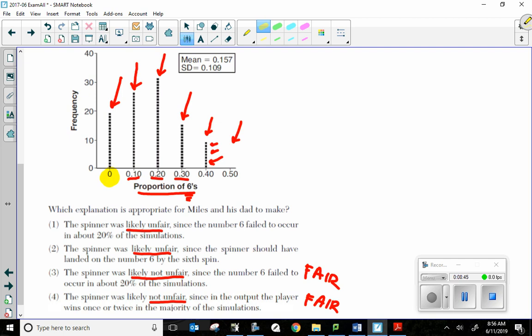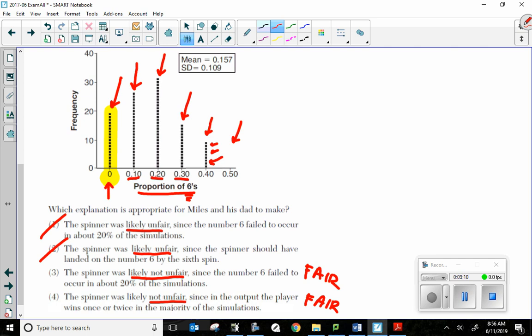So what jumps out to me is this right here. 0. These are the number of experiments that did not have any 6s. That happened quite frequently, so I wouldn't say that it's unfair. That's a possible outcome. It happened several times. So right off the bat, I'm not going to say the spinner was unfair because Miles ended up here.